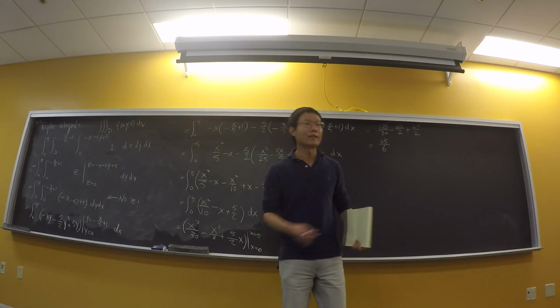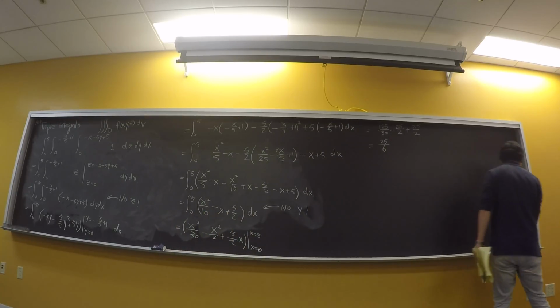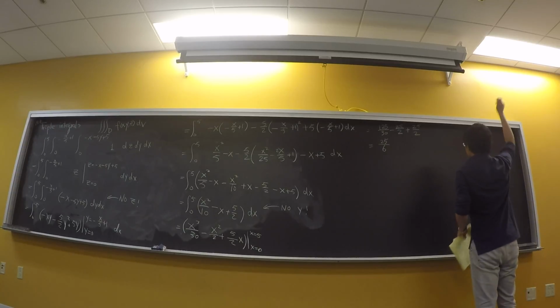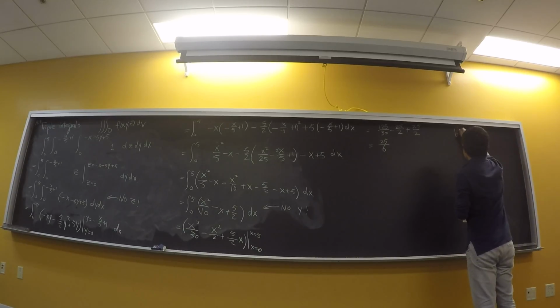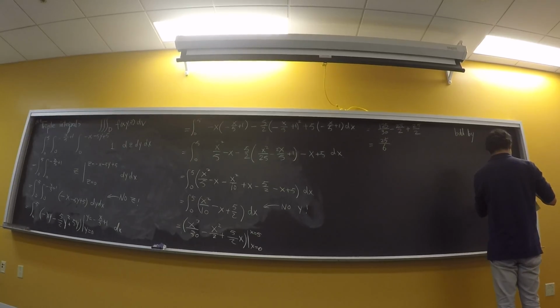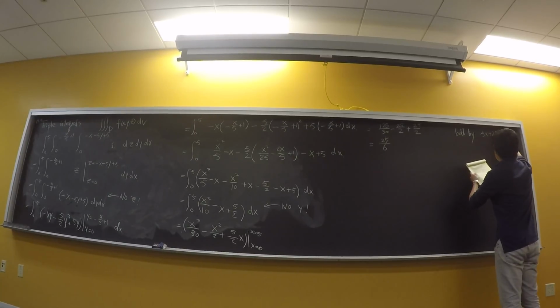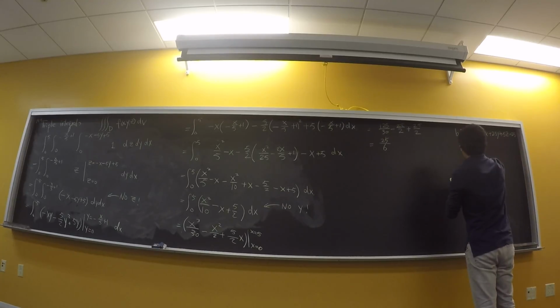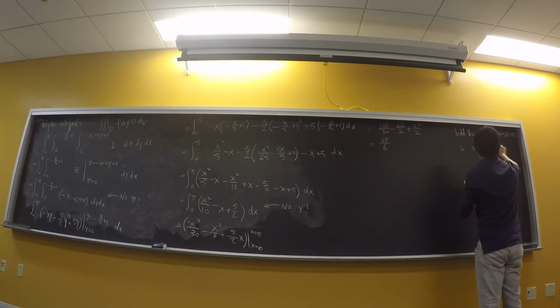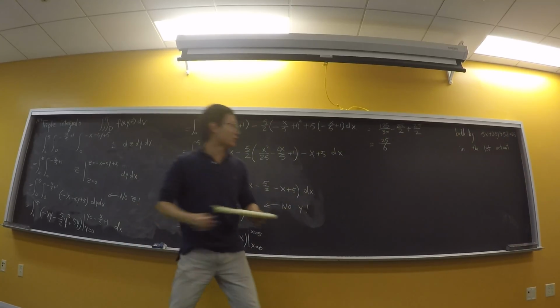Are we good? Okay? So now I want to really identify this region. This region is in fact the region bounded by the surface 5x plus 25y plus 5z is equal to 25 in the first octant. Okay? Have you heard about this word before?